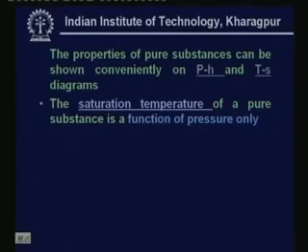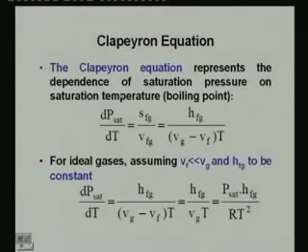The relationship between saturation temperature and pressure is given by an important relation known as the Clapeyron relation. The Clapeyron equation represents the dependence of saturation pressure on saturation temperature, and that equation is given here.